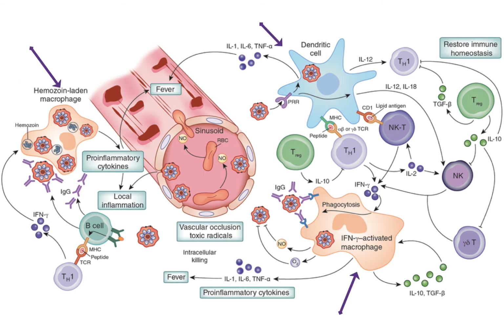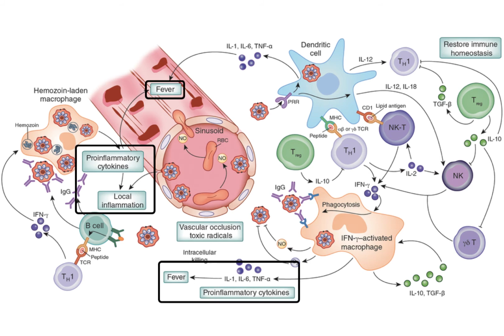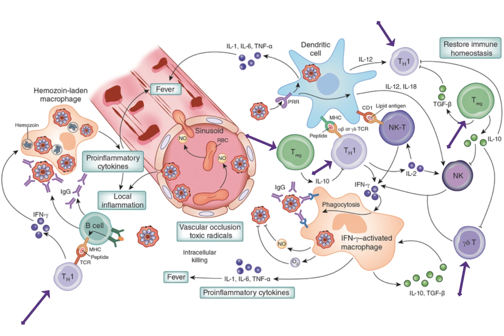And this causes a reaction by the immune cells to initiate inflammation. This local inflammation causes fever also, but this activates the T cells and the B cells to form antibodies against those hemozoans. And then the macrophages take up that hemozoan and begin degrading it, but also signal that there's more hemozoans coming through, so it activates other parts of the immune system.